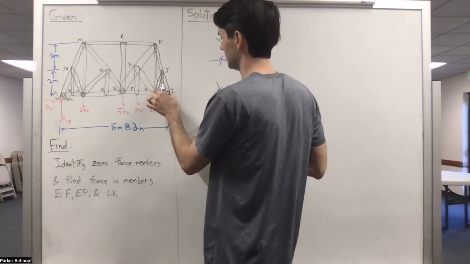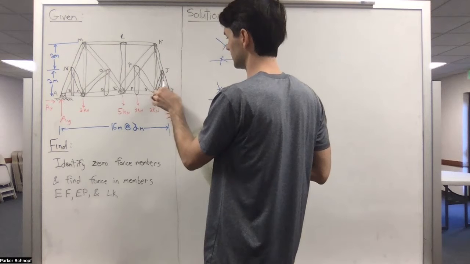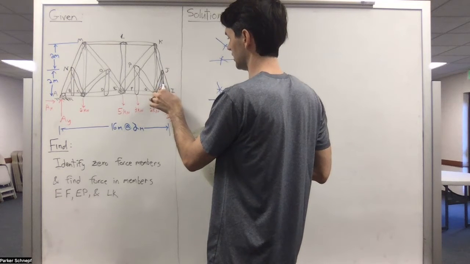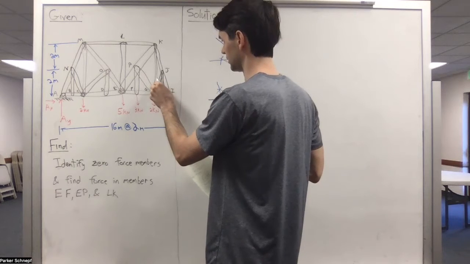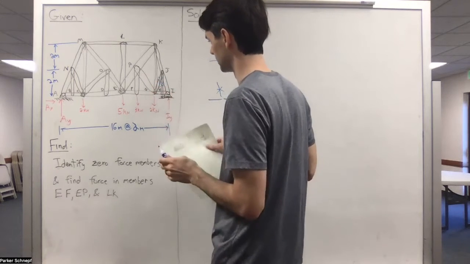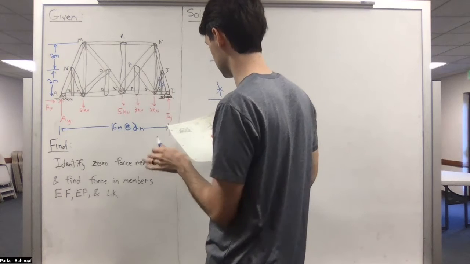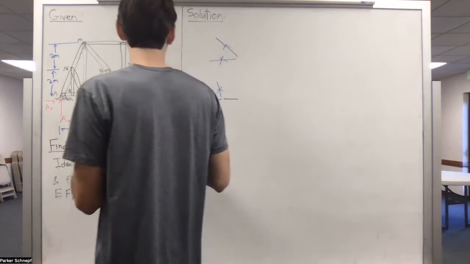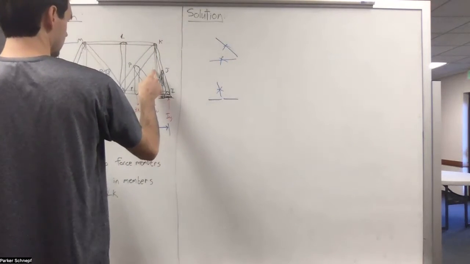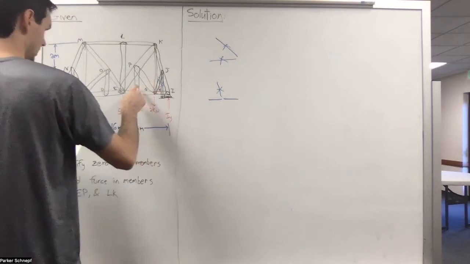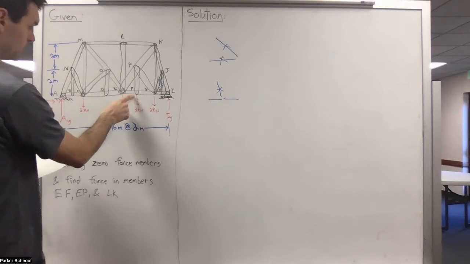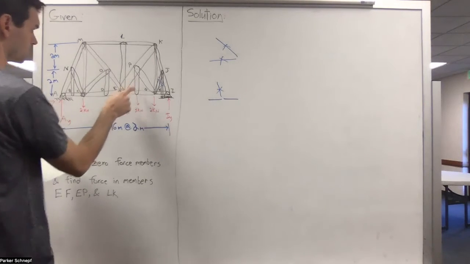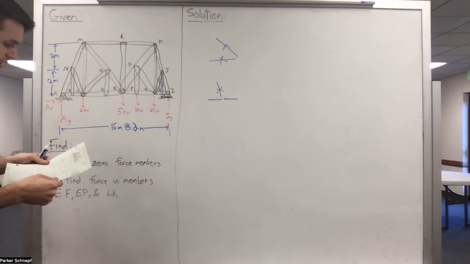And since HJ is gone, right? Once you identify the zero force member, it's effectively gone. So that is also a zero force member. Let's see, so that doesn't work. This one doesn't work. That one would work if there wasn't this force applied right here. But because there's the force here, it doesn't work. Or FP there.